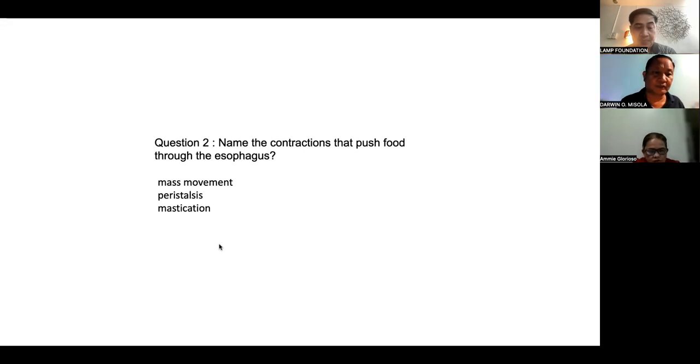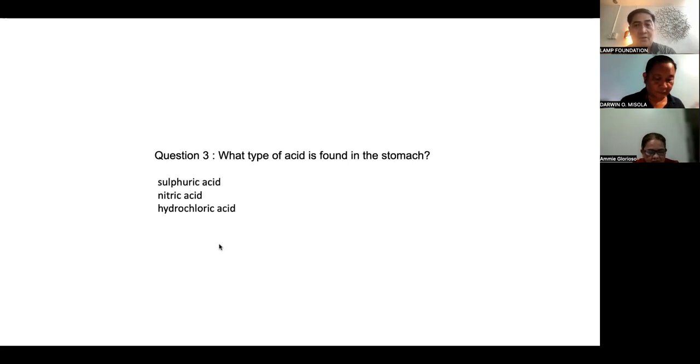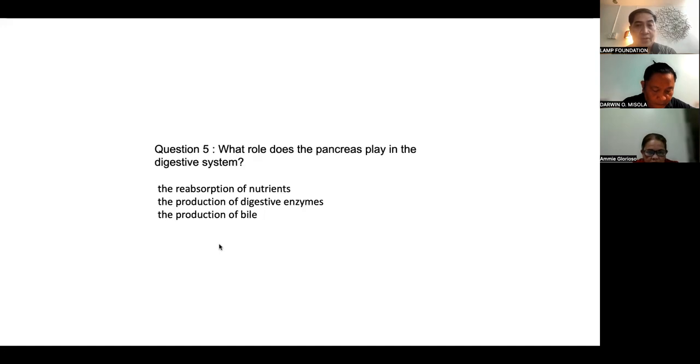Name the contractions that push food through the esophagus. Peristalsis. What type of acid is found in the stomach? Hydrochloric acid. Where is bile made? From the liver. What role does the pancreas play in the digestive system?